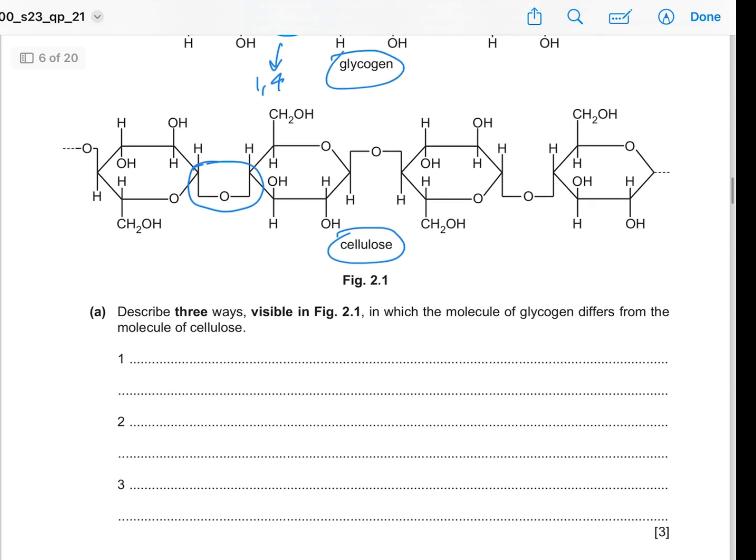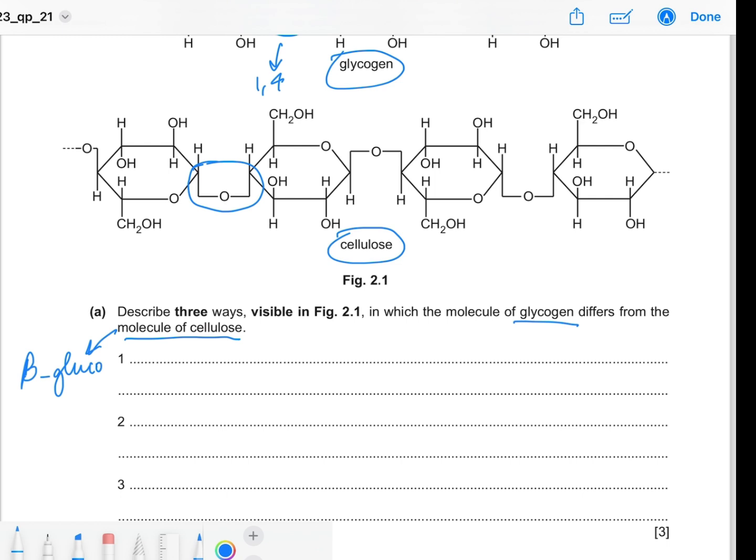Okay, one other major difference between glycogen and cellulose is that cellulose molecules have a different building block. They are made up of beta glucose molecules, whereas glycogen is made of alpha glucose molecules.